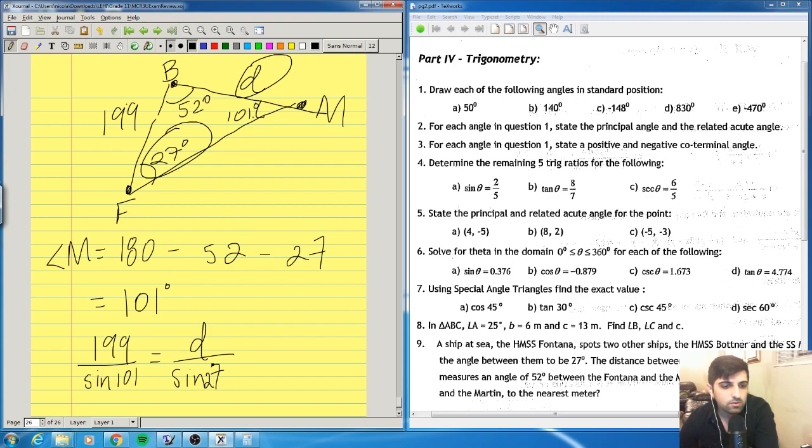Now to solve for d, all you have to do is multiply both sides by sine of 27. Typically what you hear is you could do cross multiplication. There's really no point in that, you're doing too much math at that point. Just multiply both sides by sine of 27 and you're pretty much good. Now punch that into your calculator and you've got the distance between the Bottner and the Martin.